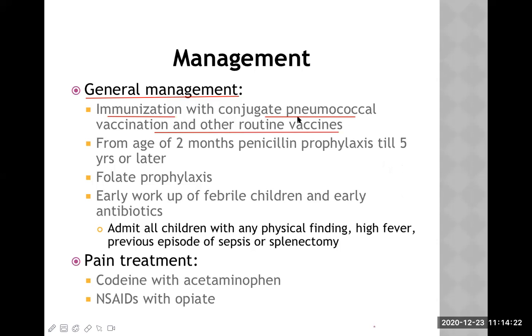Now, when we mix protein to that polysaccharide component, then it is called conjugate vaccine. It is not like a mixture of the other vaccines. Especially in case of pneumococcal and meningococcal vaccine, we use the term conjugate vaccine. That means a protein component is added to the polysaccharide component of the vaccine.